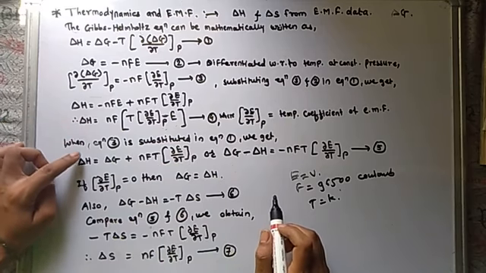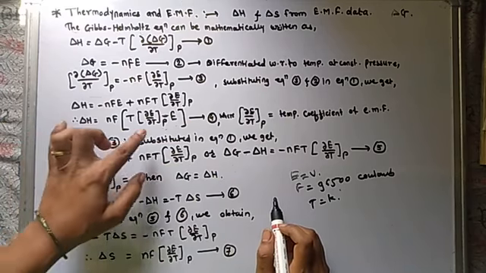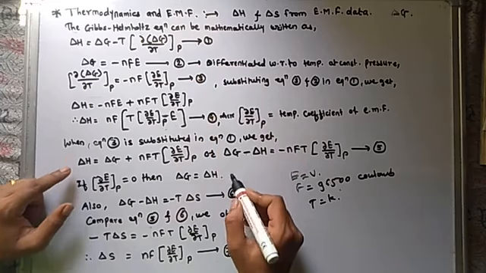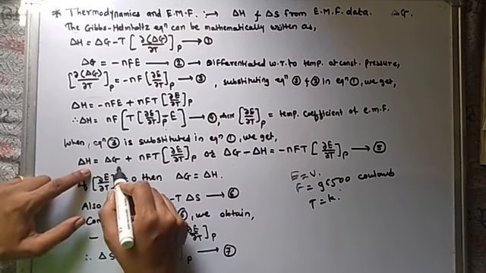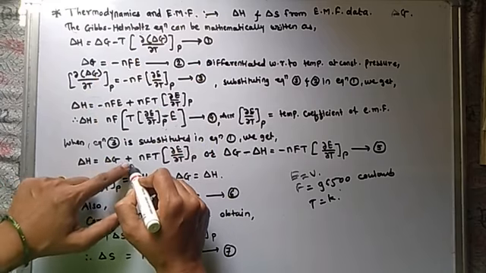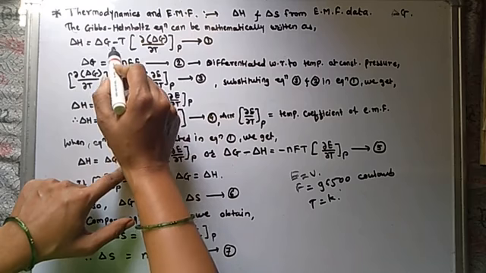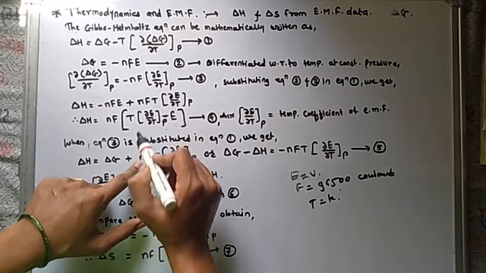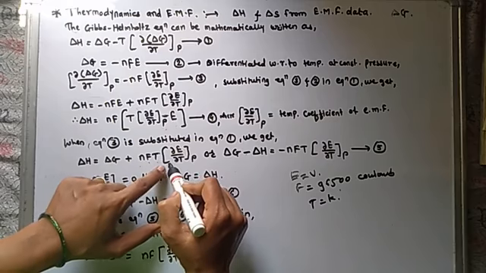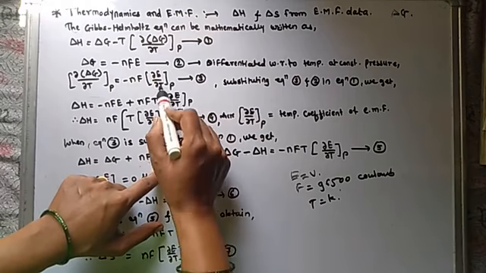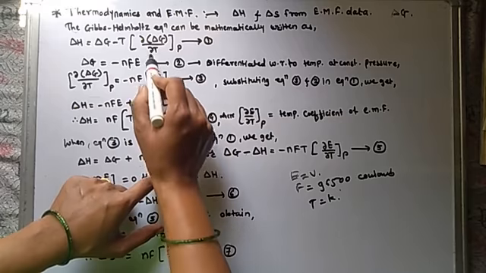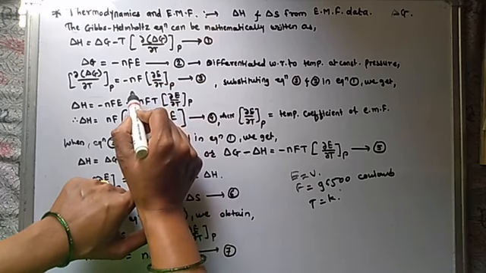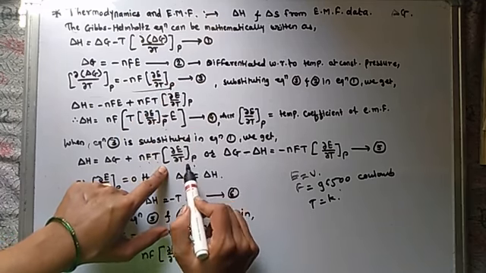If we see equation number 3 substituted in equation number 1, we get delta H is equal to delta G plus nFT ∂E/∂T at constant P. We put the value of ∂G/∂T at constant P as minus nF ∂E/∂T at constant pressure.